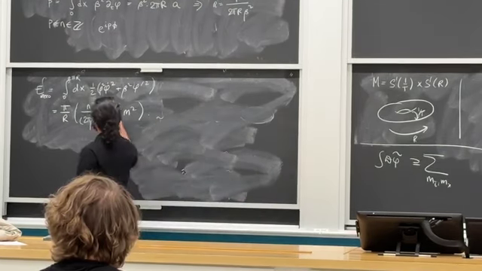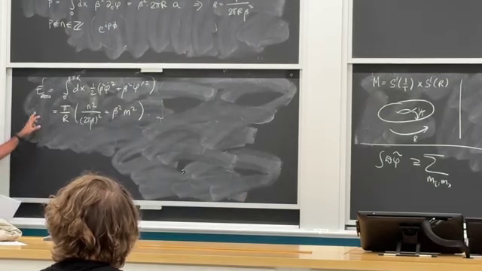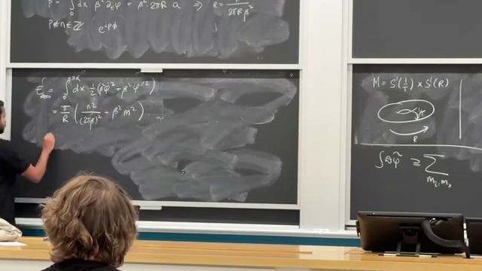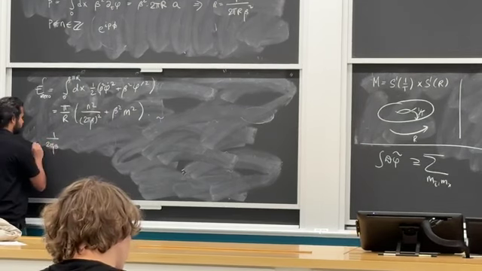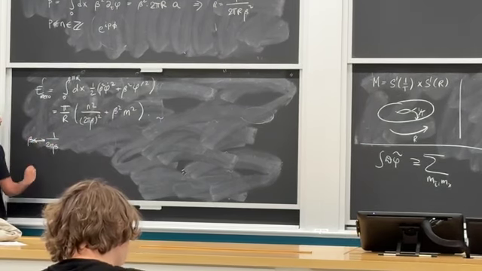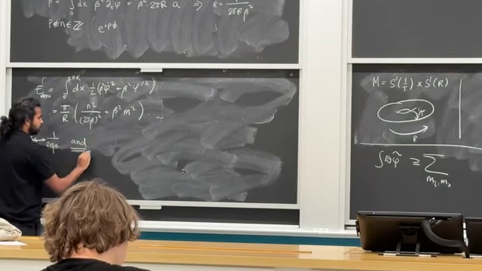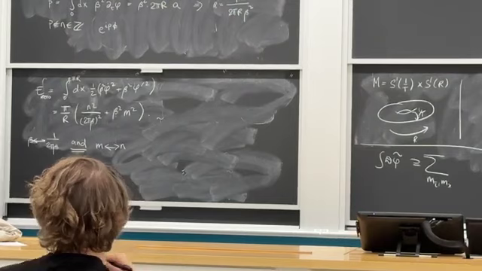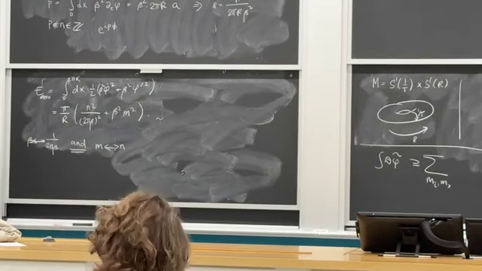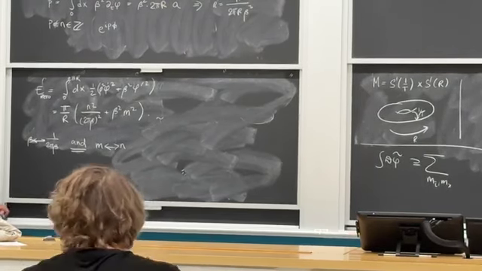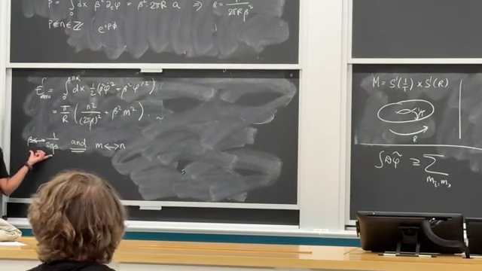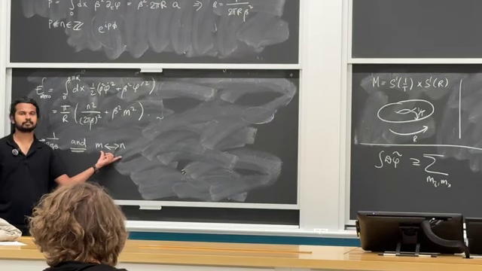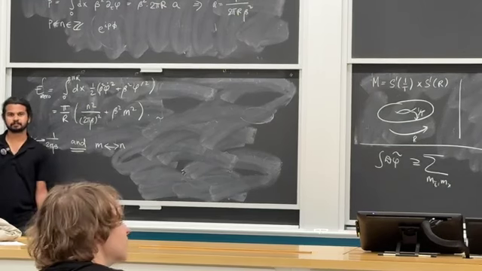So if I swap beta with 1 by 2 pi beta, the zero mode energy doesn't seem to be invariant. However, if I swap beta with 1 by 2 pi beta and m with n, this remains invariant, right? So when I swap the radius and I swap winding for momentum, I get the same spectrum.